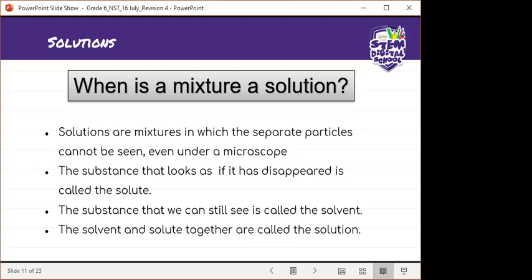Then the solvent and solute together are called the solution. Okay, guys, can I move on to the next slide? Or do you guys still need some time? You can just use the yes and no button there by participants. I believe it will be much faster.